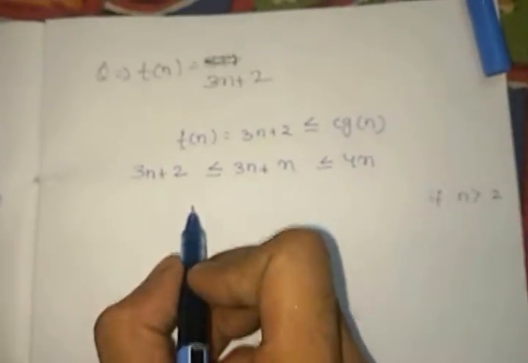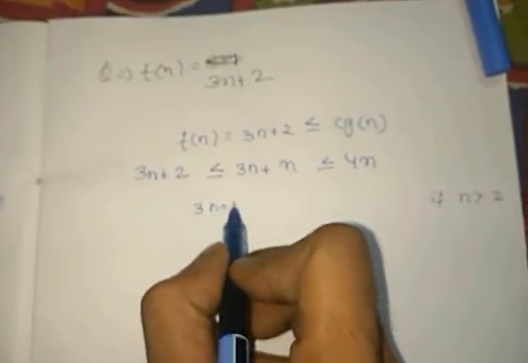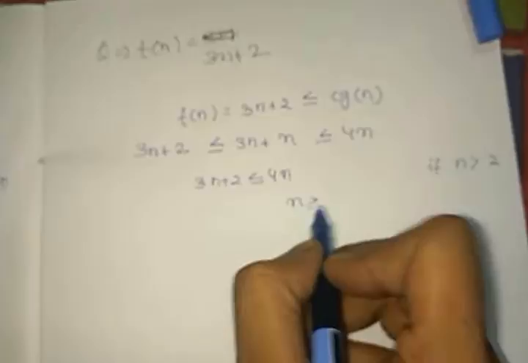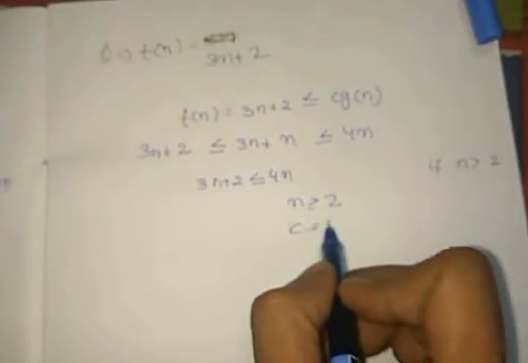So we can say 3n plus 2 is always less than or equal to 4n for n greater than or equal to 2, with c equal to 4.